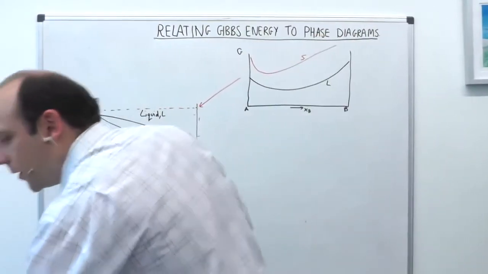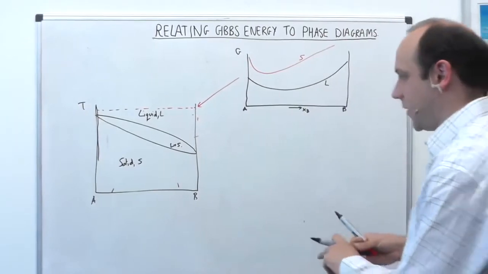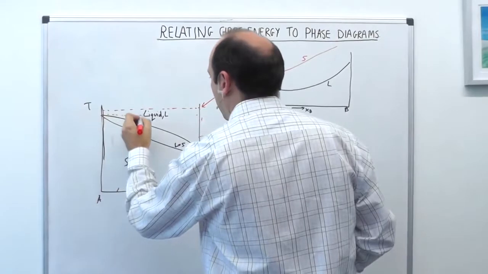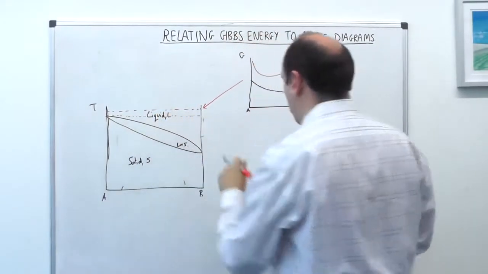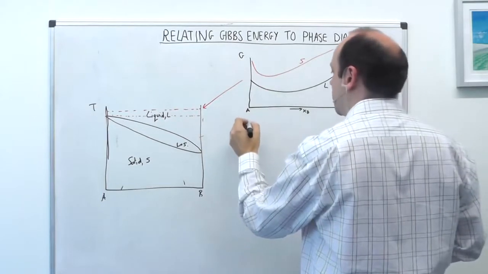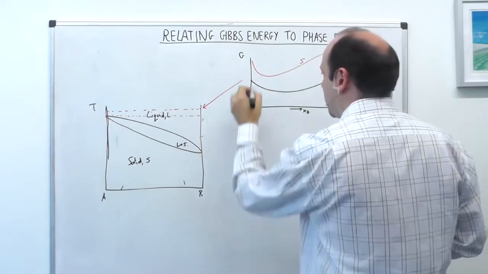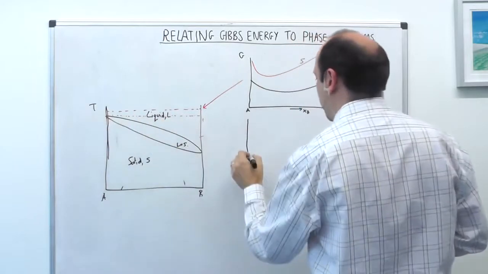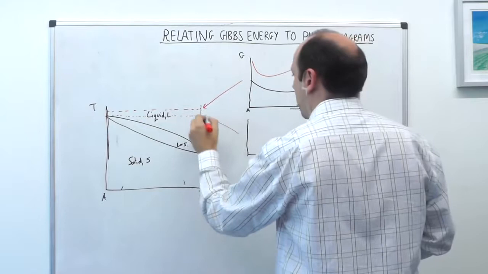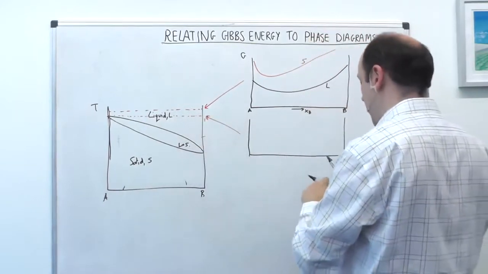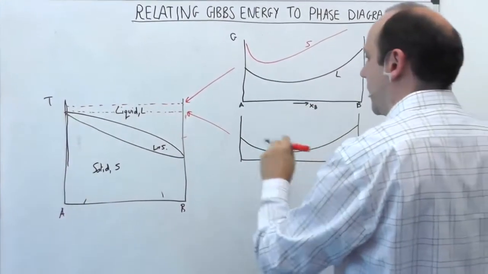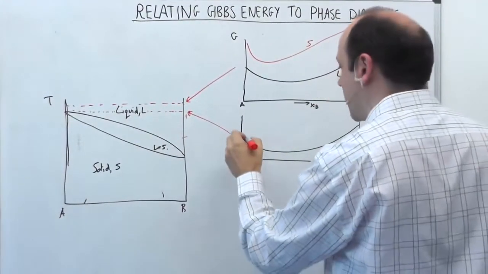When we go on to the solidification point of pure A, those two curves must start to overlap. They move relative to each other such that at that particular composition the two have the same Gibbs energy. So if the liquid is here, the solid must be doing something like this.